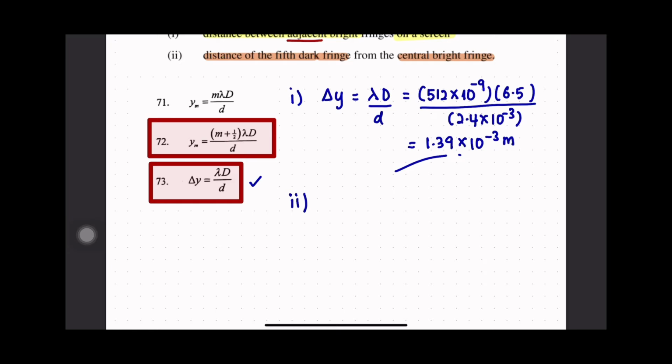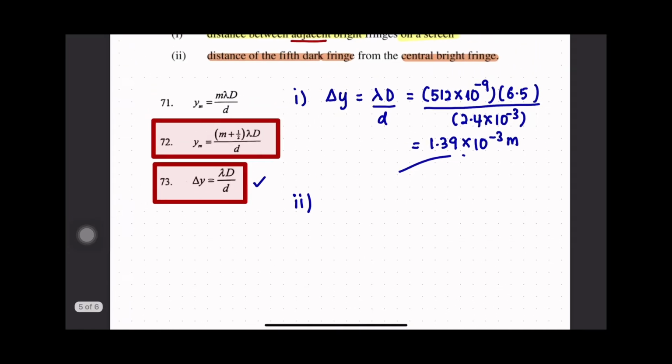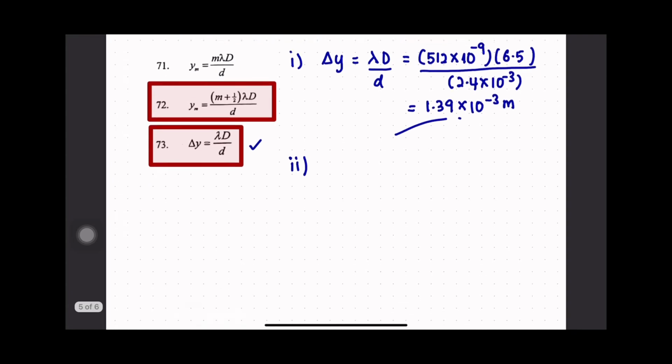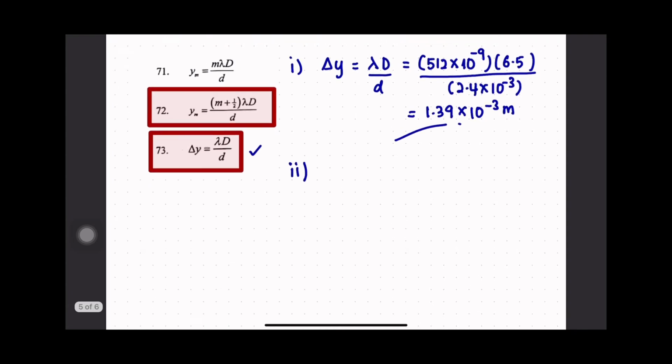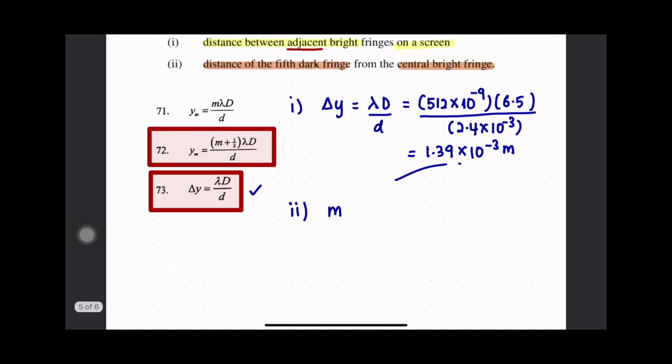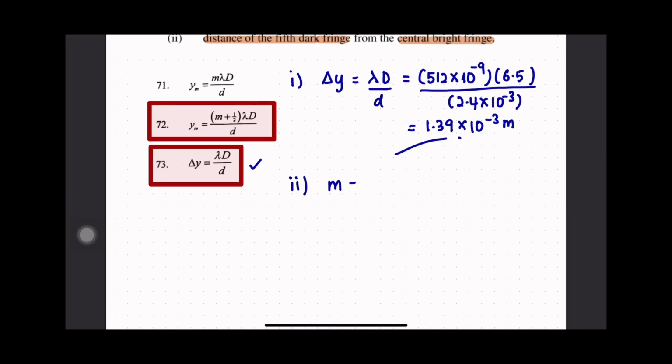Sekarang dia kata distance of the fifth dark fringe. So fifth dark fringe adalah dark fringes. Bila dark fringes, kita akan guna formula 72, dengan syarat kita kena tahu order dia berapa. Sebab center dia bright, kalau dia sebut fifth dark fringes, 5 kena tolak 1 untuk dapatkan order dia, jadi dia akan jadi 4.